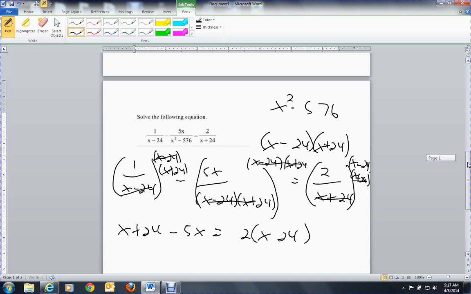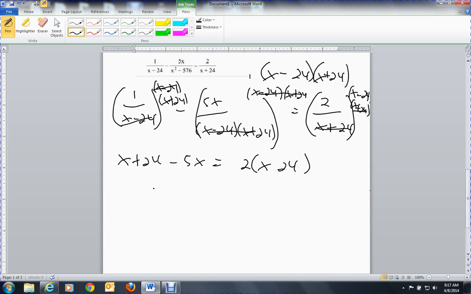Now this one's not going to be as bad because we don't have any x squares roaming around. So I'm just going to clean up each side. X minus 5x is negative 4x. Bring down the plus 24. 2 times x minus 24 is 2x minus 48. And when my x's are on one side, numbers on the other, I'm going to add the 4x.